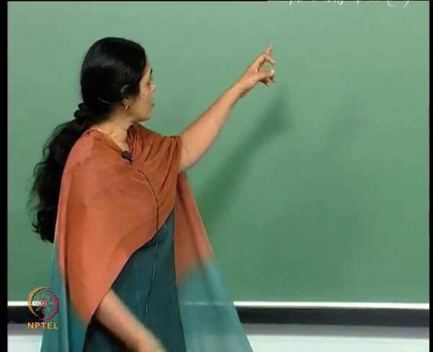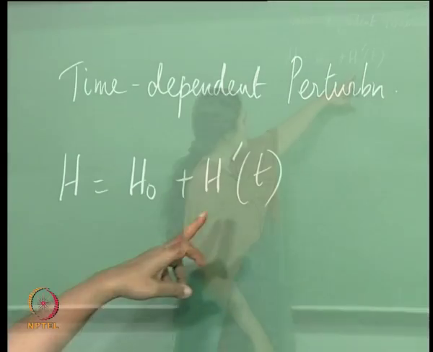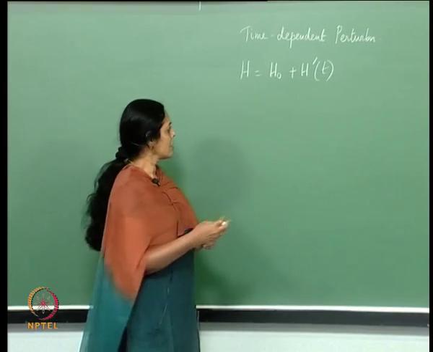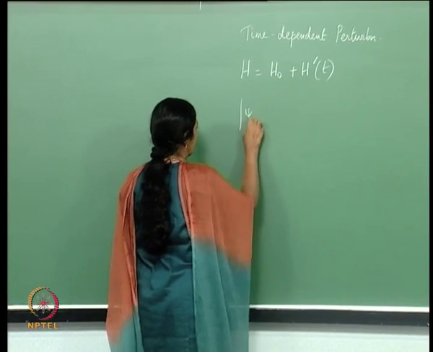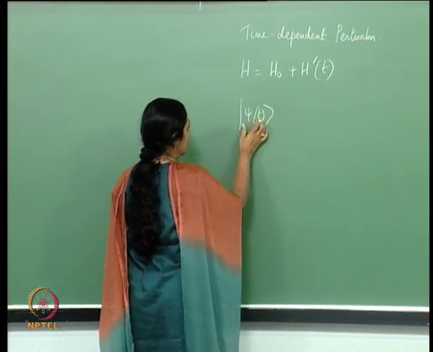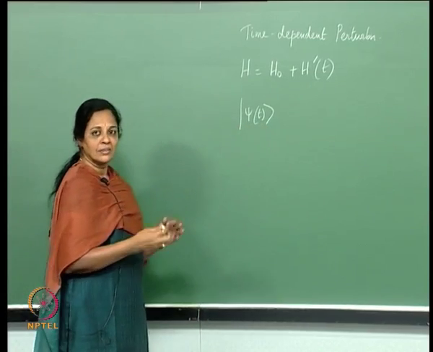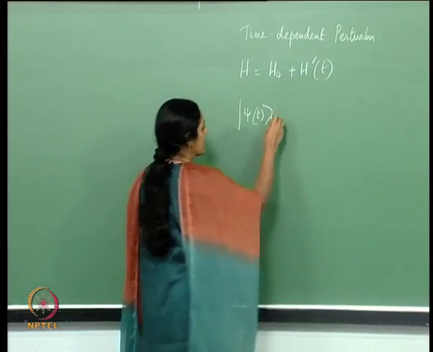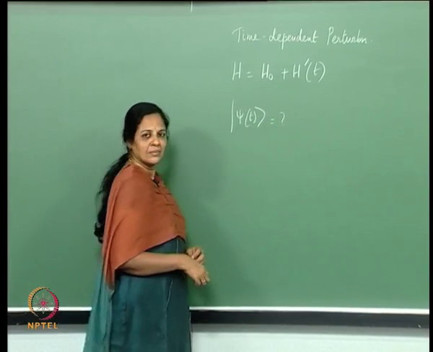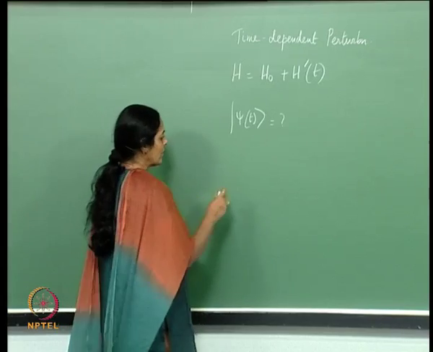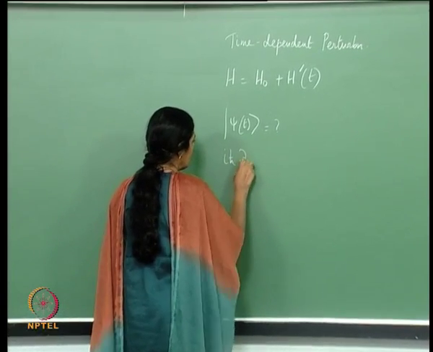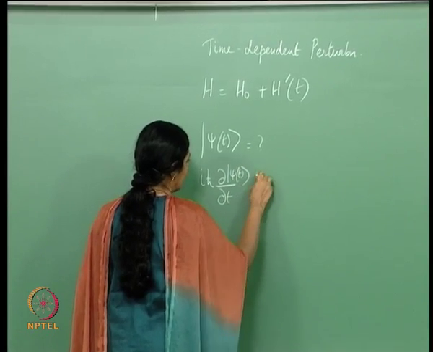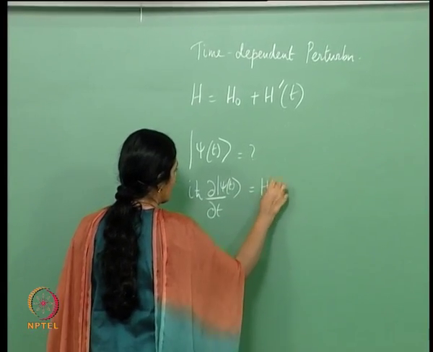Now in contrast we have this, where H prime is a function of time. The aim of course is to find psi, any state which is expanded in the relevant Hilbert space of the problem. The aim is to find psi of t. If you look at the Schrodinger equation, you simply have i h cross del by del t of psi of t equal to H psi of t.